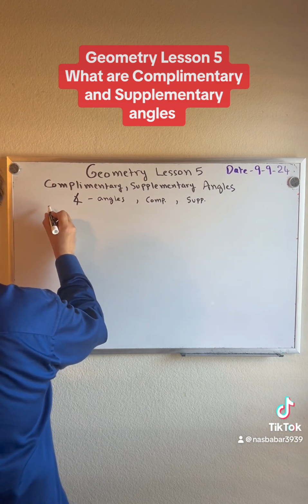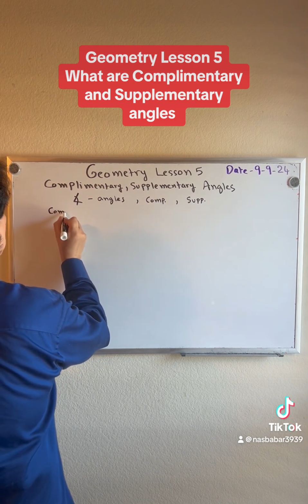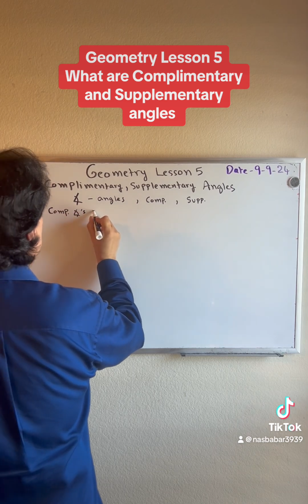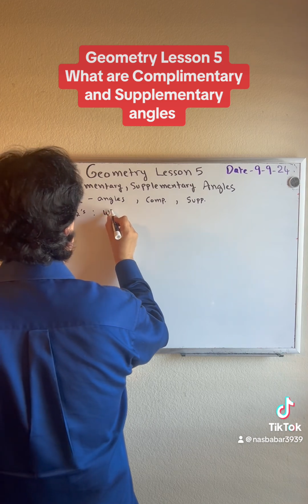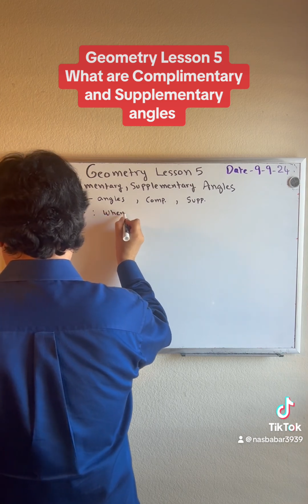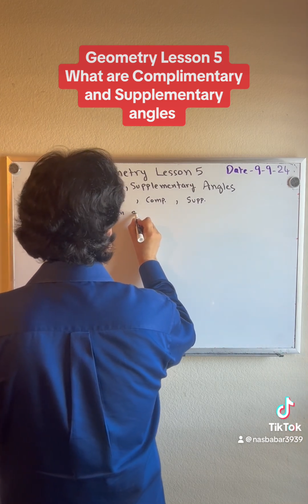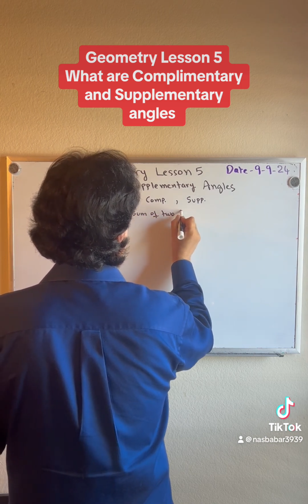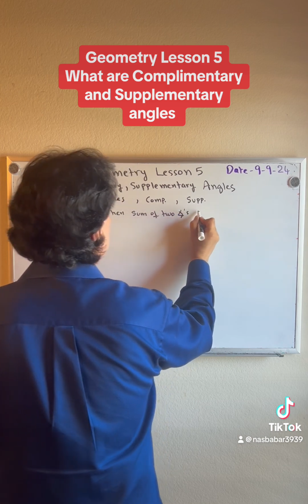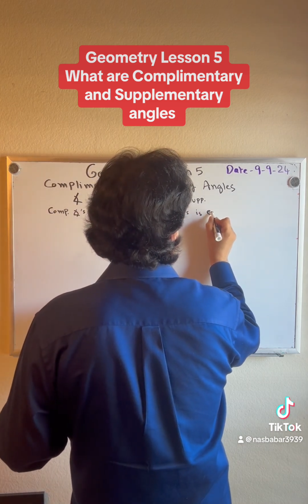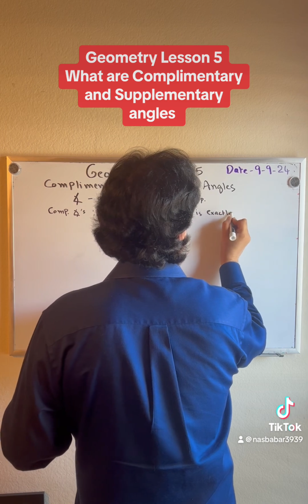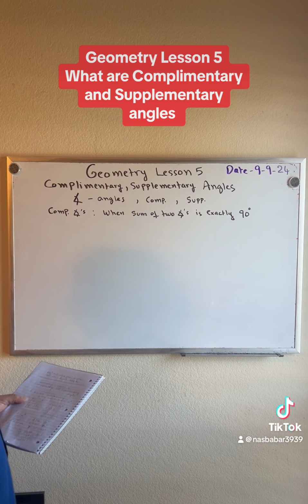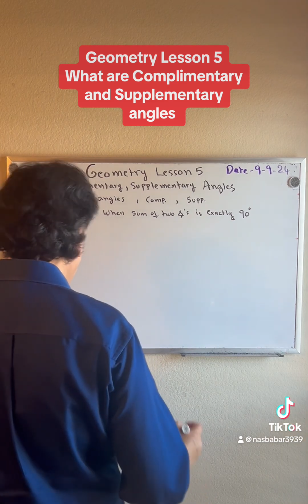The definition of complementary angles is when the sum of two angles is exactly 90 degrees. Okay. So now let's go ahead and see if we can look at an example.